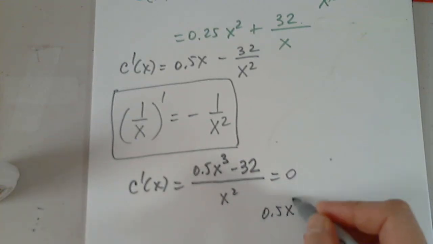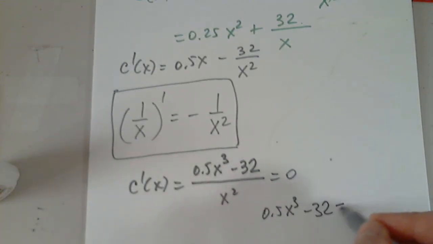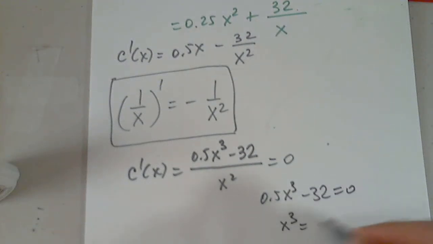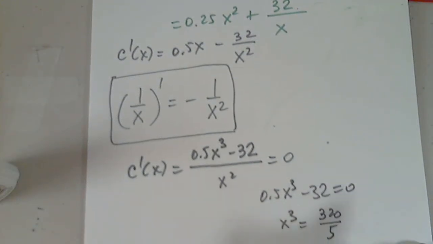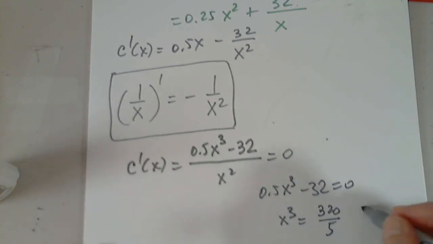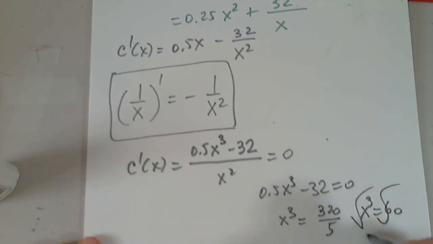So 0.5x cubed minus 32 equals 0, or x cubed equals 320 over 5, which is 60. And now I have to take the cube root. And x equals the cube root of 60. Do I know that this gives a minimum? No. I have no idea.